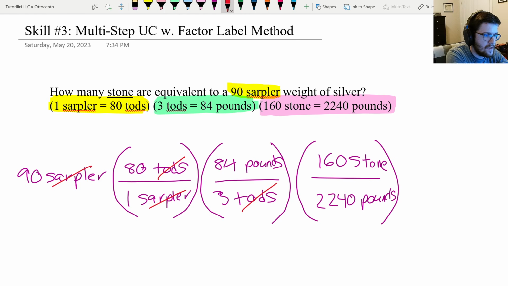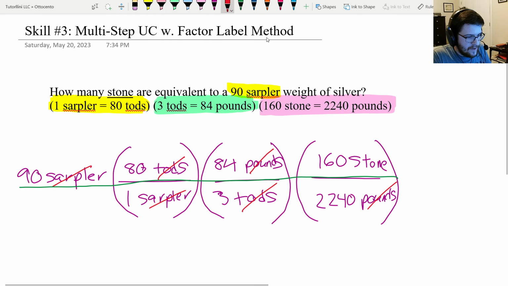And let's just again draw that little fence just to make this even clearer. And pounds is on opposite sides of the division sign, so we can cross that out. So we're left with stone. And if we type 90 and all this big mess into our calculator, we should get our answer.